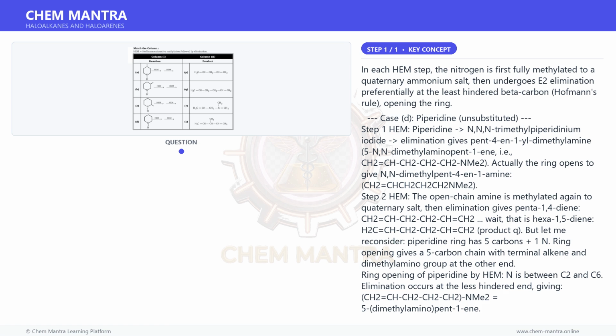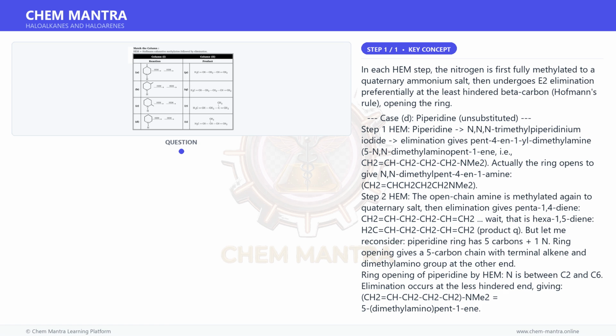With a methyl at C2, after ring opening we get a 6-carbon chain, 5 ring carbons plus 1 methyl is 6 carbons total, giving hexa-1,5-diene, product Q. So, C matches Q. Matches.